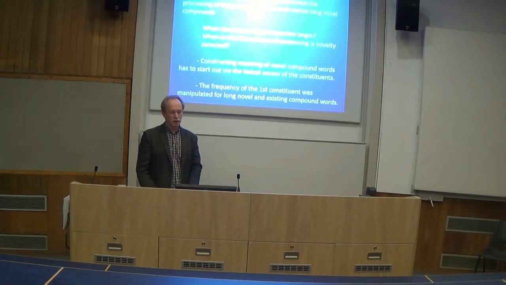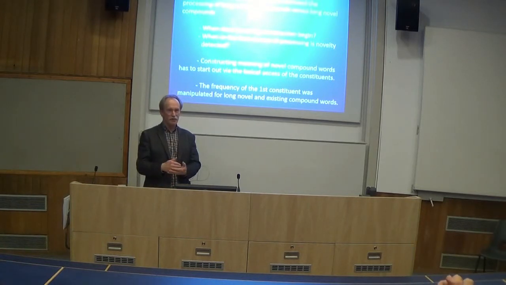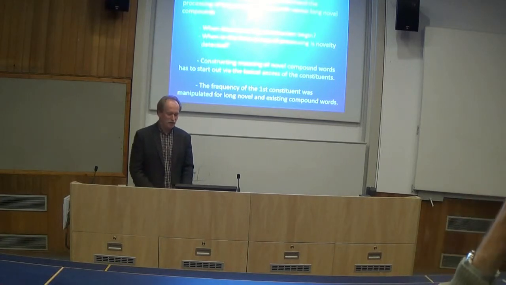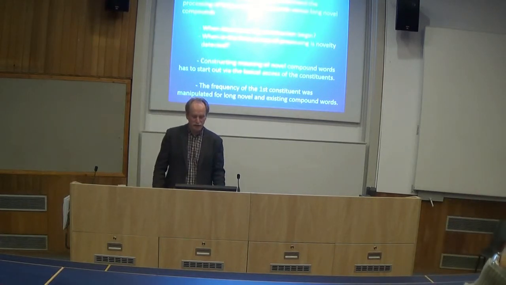We had a set of novel compounds and a set of existing compounds, and we manipulated the frequency of the first constituent separately for these, looking at how strong the constituent frequency effect is in comparison between these two types of compounds.